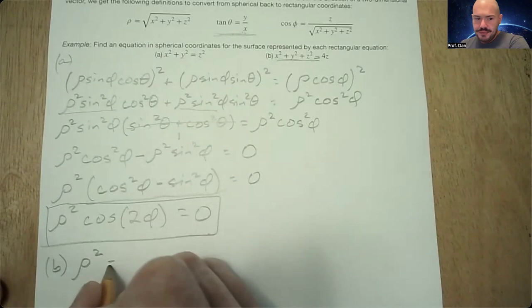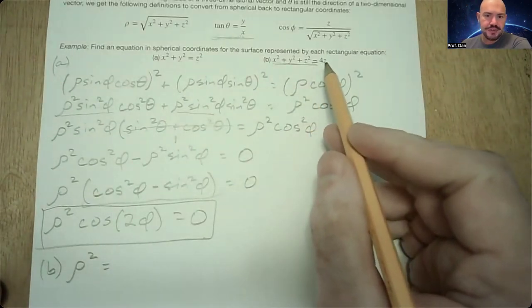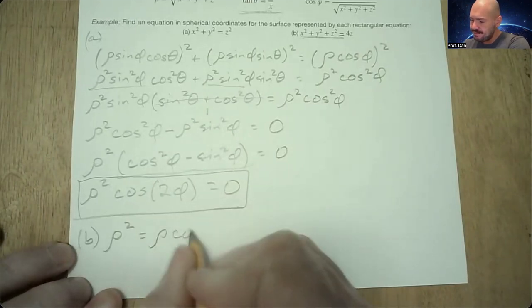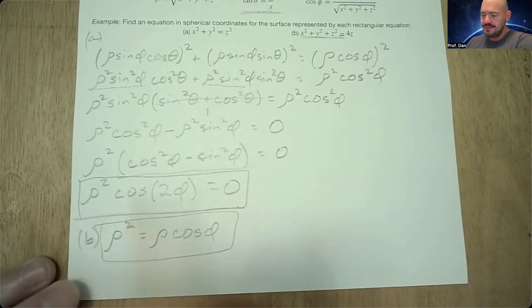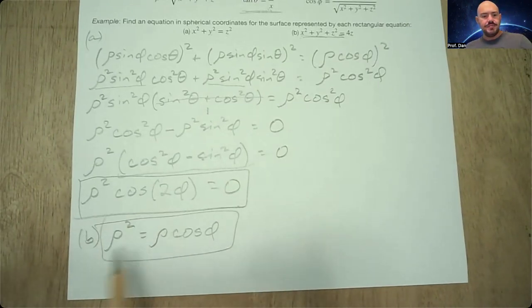And then with the right-hand side, we can replace the z with rho cosine of phi. And there I have my spherical equation.